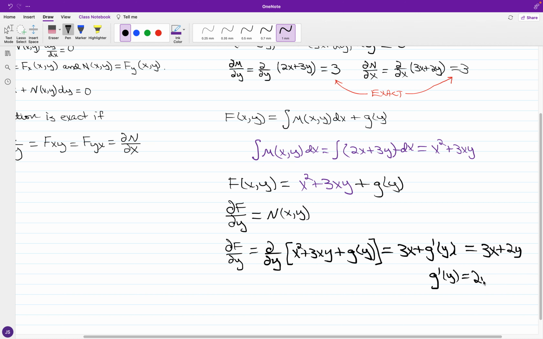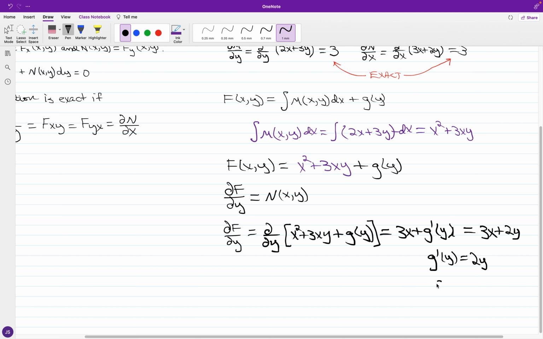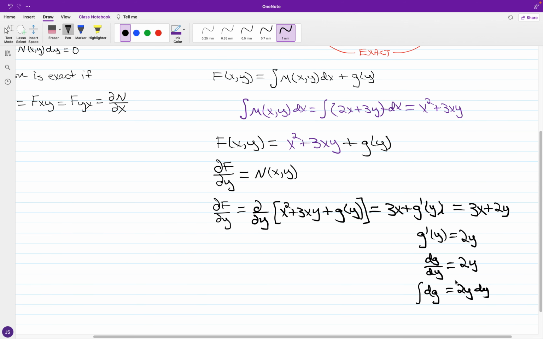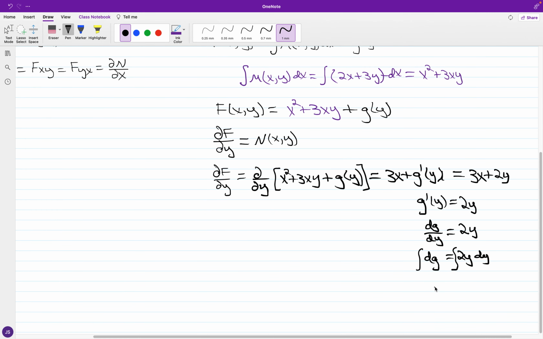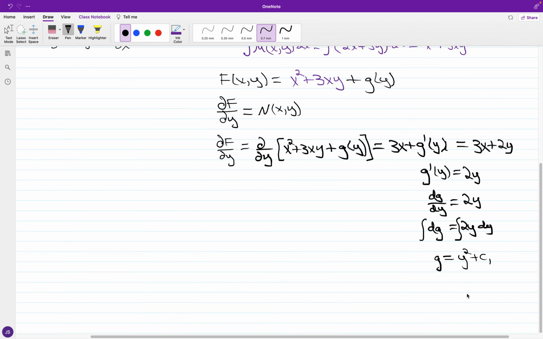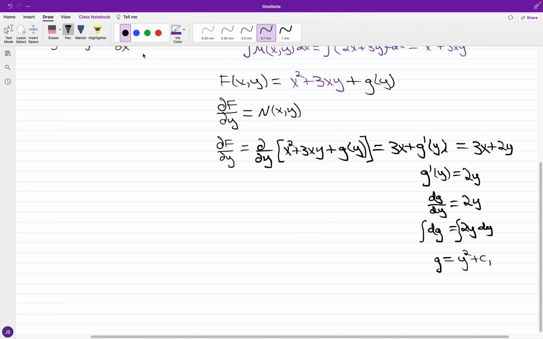and g prime of y is equal to 2y. So g prime of y is the derivative of g with respect to y, and separating, dg is equal to 2y dy, which integrates to y squared plus a constant. We'll say y squared plus c of 1.